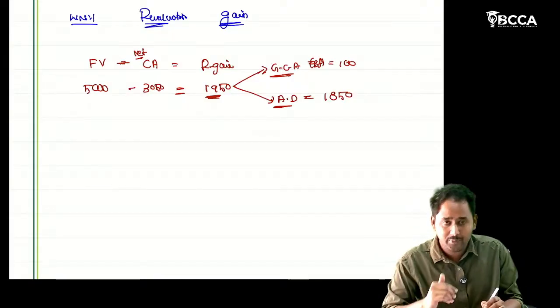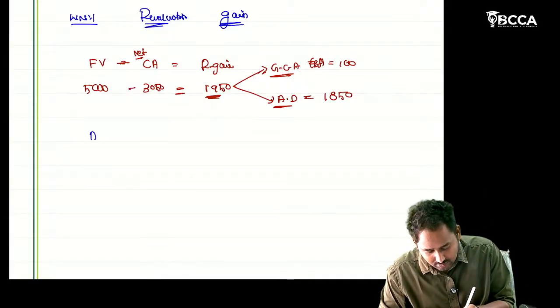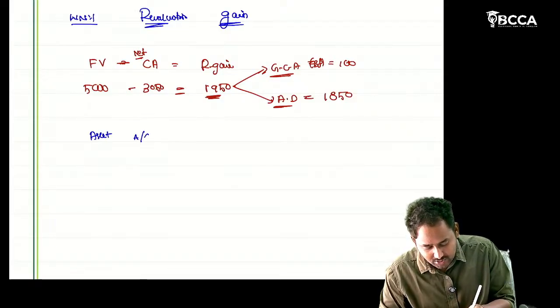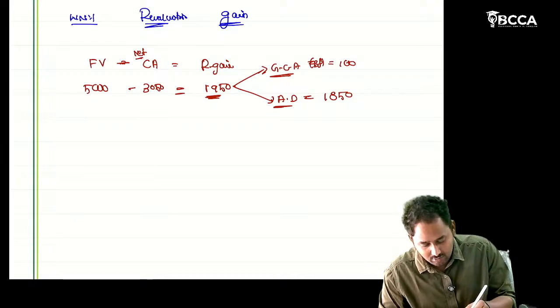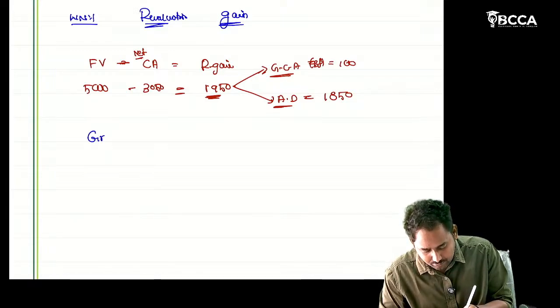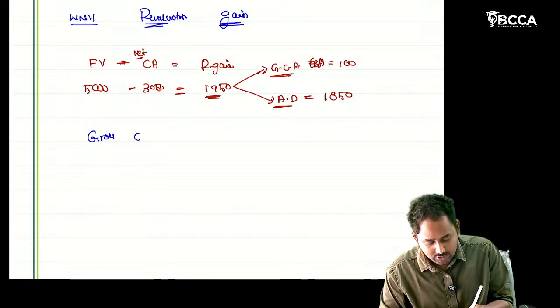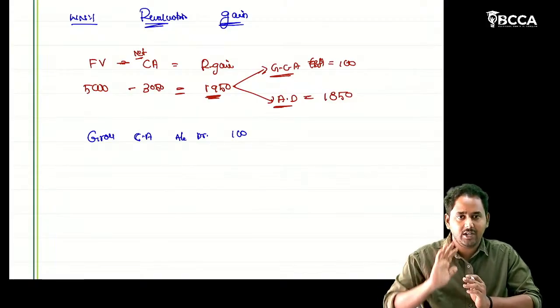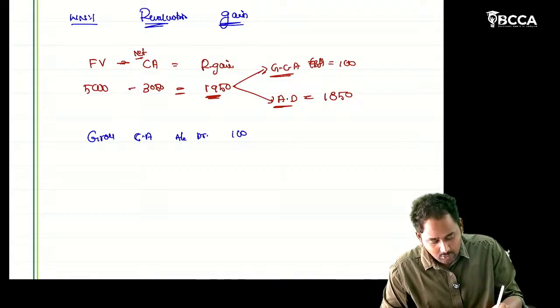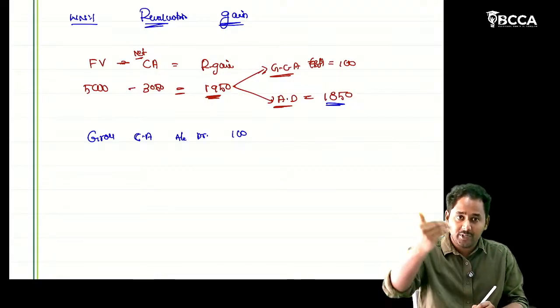So the asset should be increased by how much? The asset should be increased by asset account debit 1950. So instead of that, gross carrying amount of the asset, how much? 100 rupees. Gross carrying amount of the asset increased by 100. Then accumulated depreciation should be decreased, right?